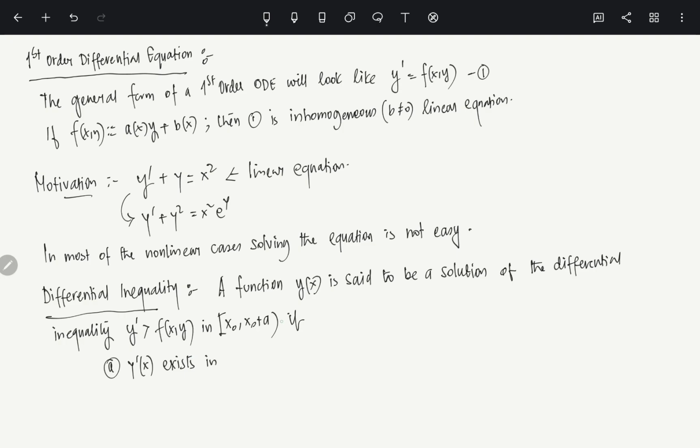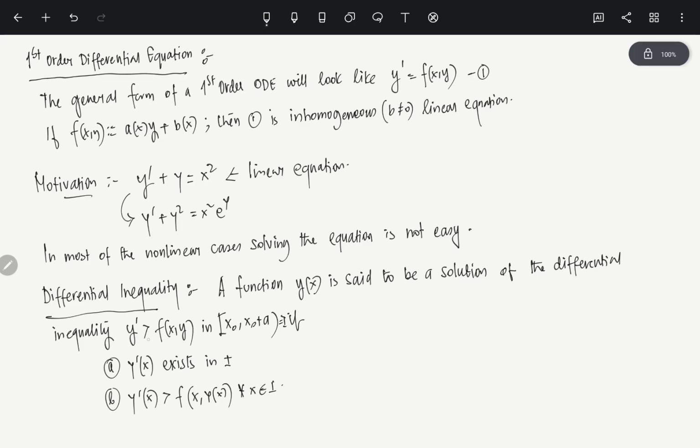Let's call this interval I. In I, y prime of x should always be greater than f of x, y of x. So this should be satisfied for all x in I.